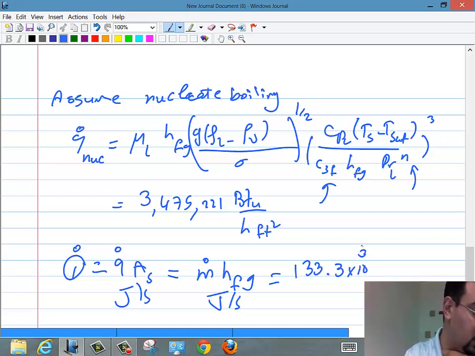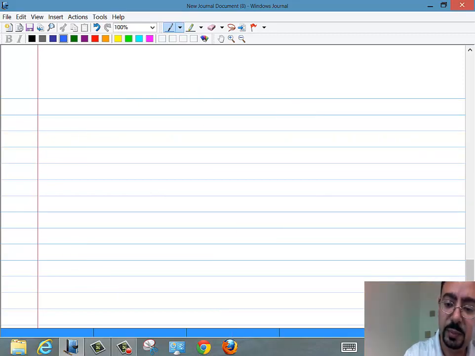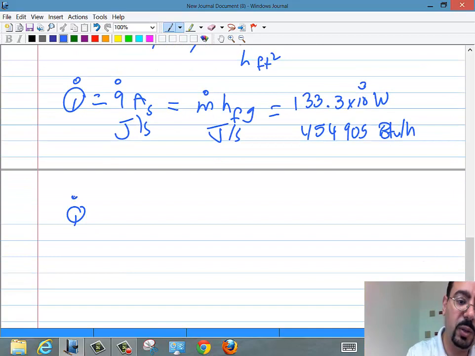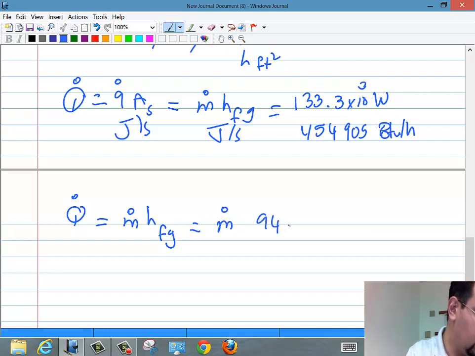133.3 times 10 to the power 3 watts, or actually we can also do it in BTU per hour. So it's 454,905 BTU per hour, and that same q dot again is m dot h_fg, or basically m dot multiplied by the 946 BTU per pound mass.